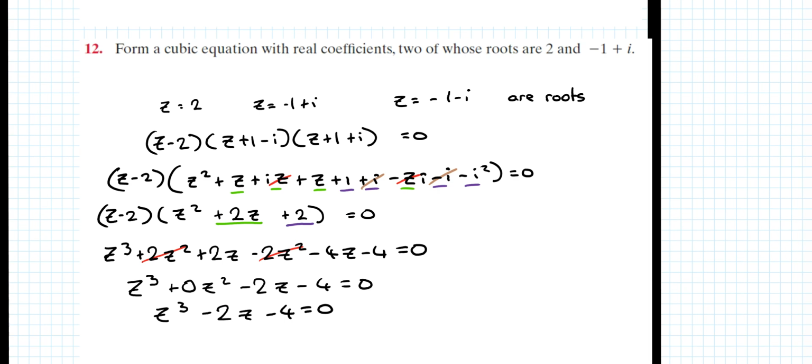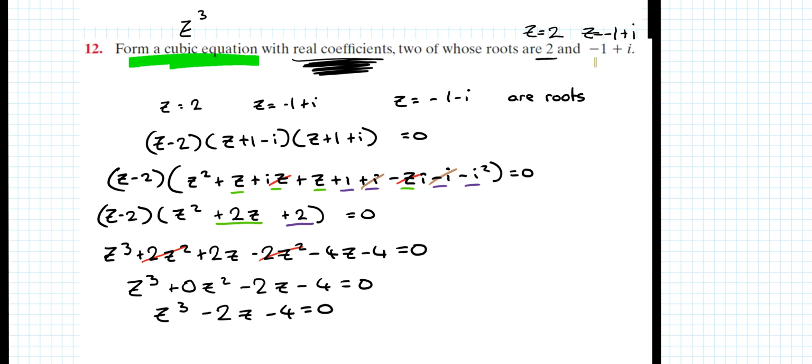Okay, another question then asks us to form a cubic equation. So we know we're going to want z to the power of 3. A cubic equation with real coefficients. So I can use the complex conjugate roots theorem. Two of whose roots are z is equal to 2 and z is equal to minus 1 plus i.